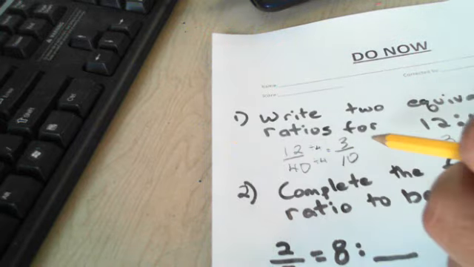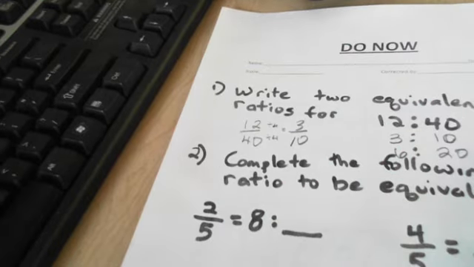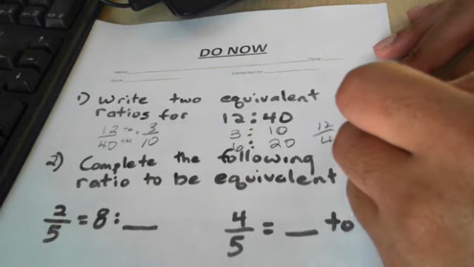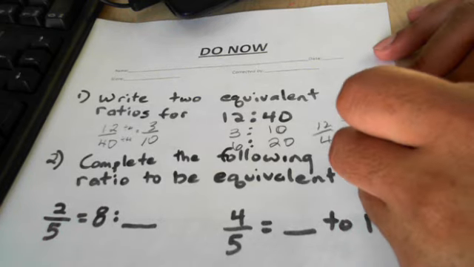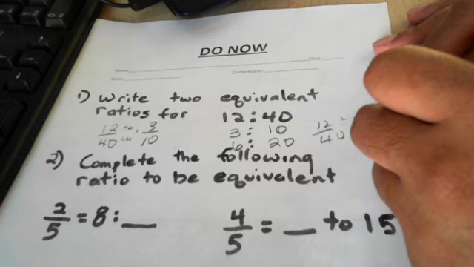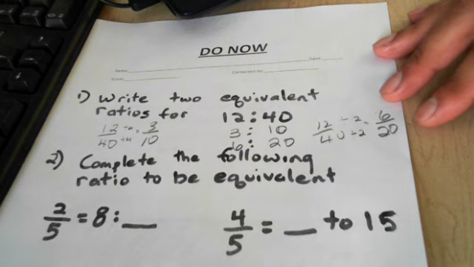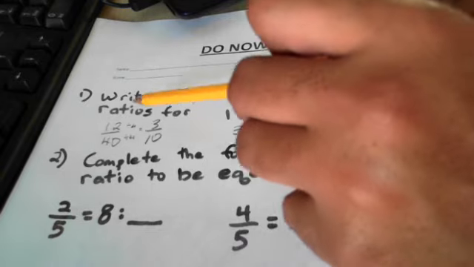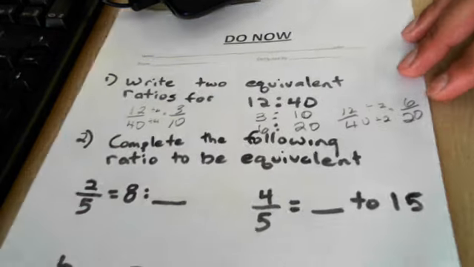I can also say 12 over 40 again, 12 divided by 2 is 6, over 20. So it's the same thing, you can do it either way. This is representing a fraction, but it's not really a fraction, it's still a ratio. And this is another way of doing it.